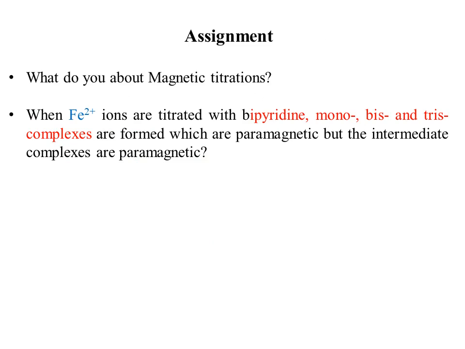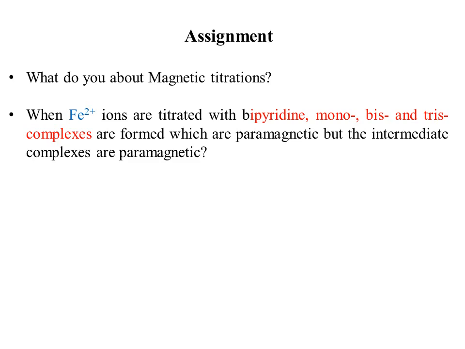At the end of this lecture, I have some questions that are not actually part of this lecture, meaning I have not discussed them, but you have to prepare a proper assignment and upload it in Google Classroom: what do you know about magnetic titration? I am giving you a clue, not with a specific example.